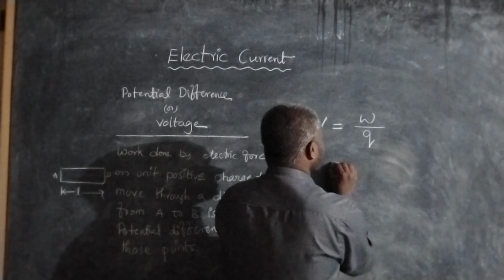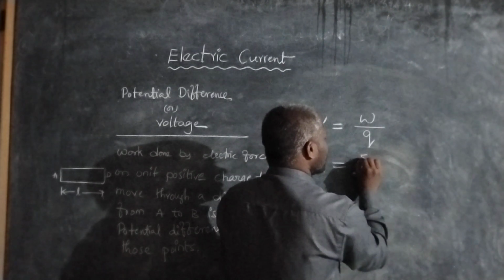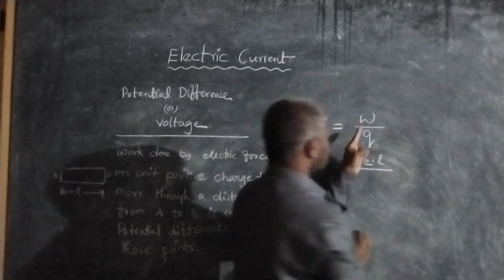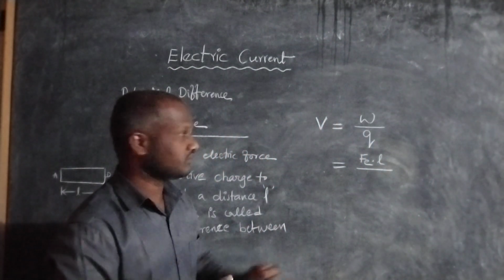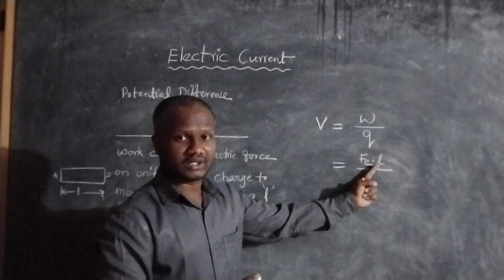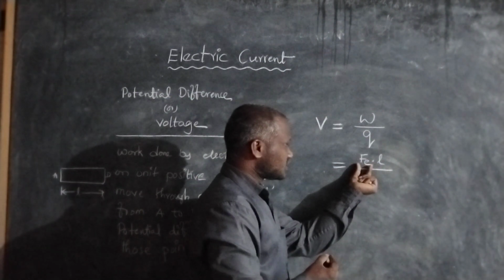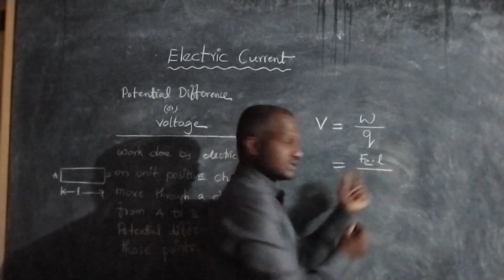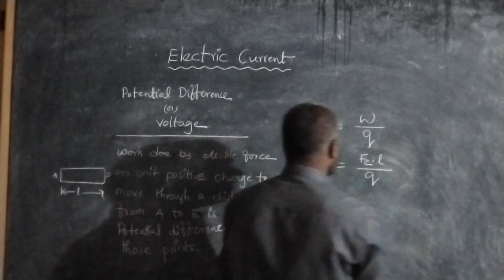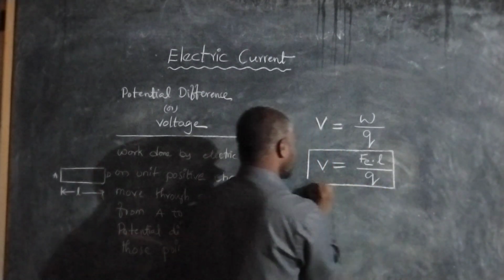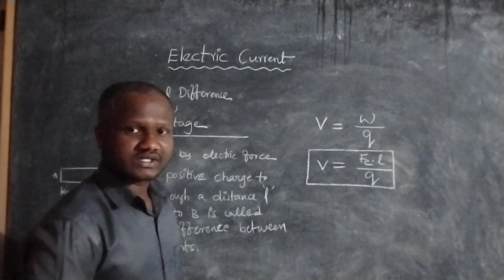So here work is nothing but who done work? Electric force done work on the charge. So work is nothing but it is the product of force into distance. So due to this electric force, the charge is moving L distance. So charge we are representing in the denominator. So this is the mathematical expression for potential difference.